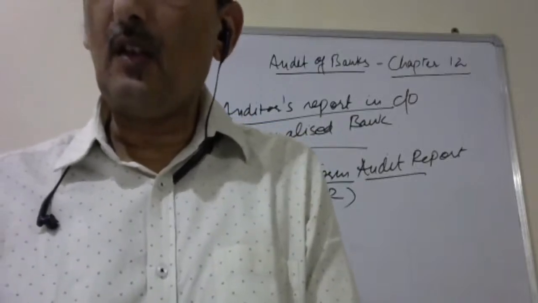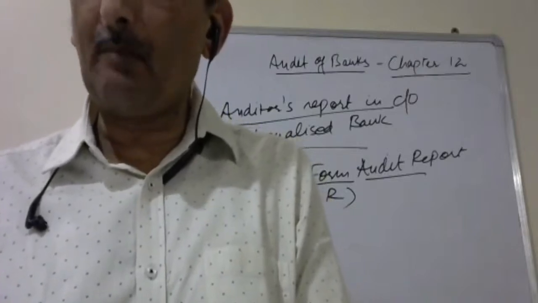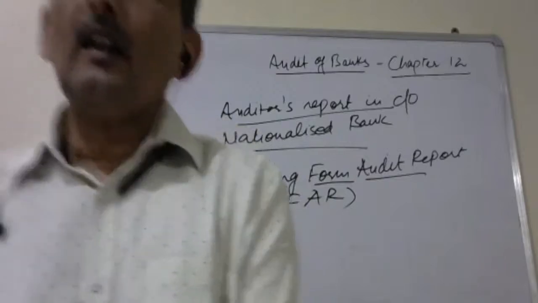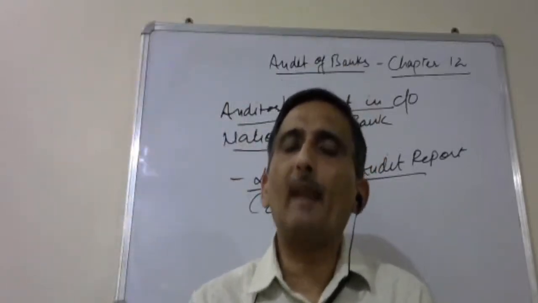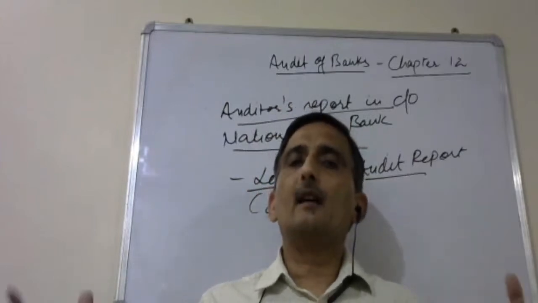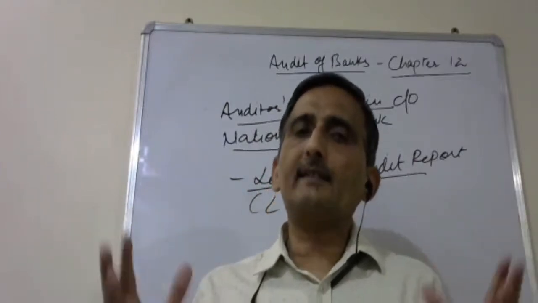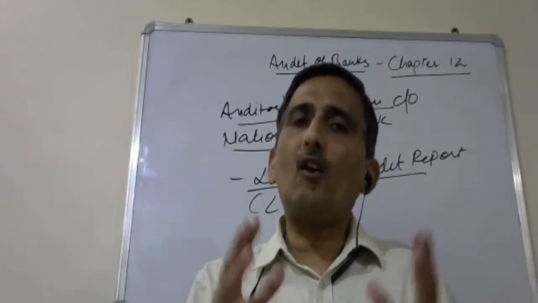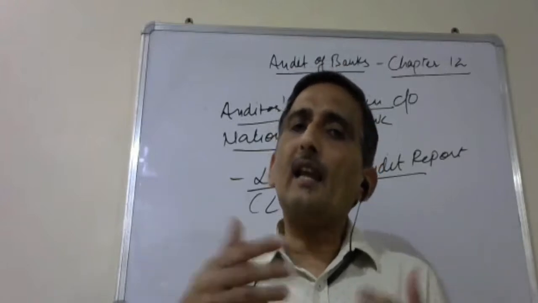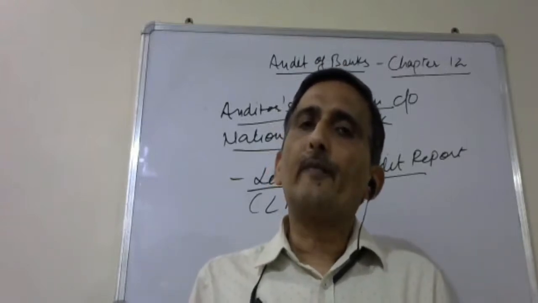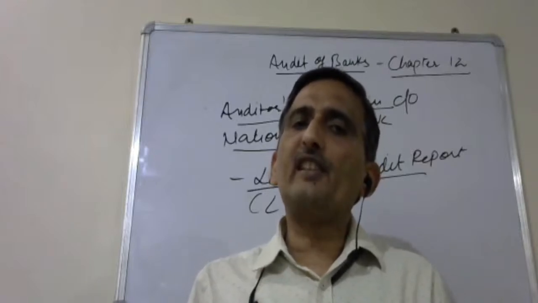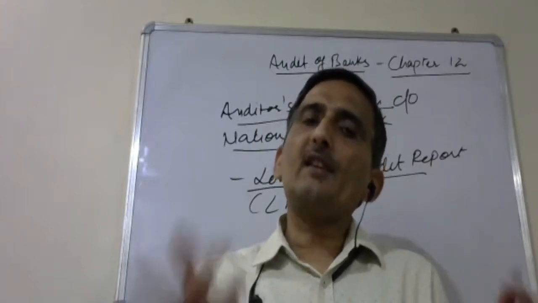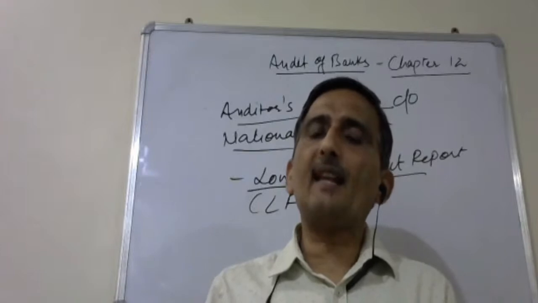And students, you would also do well to remember that while conducting audit of a bank, be it statutory central auditor at the bank level, at the head office level, or statutory branch auditor, he has to follow all those steps which are generally there in case of a company, like communication with the previous auditor before accepting the assignment.